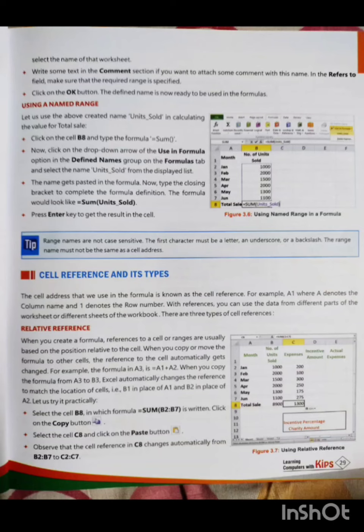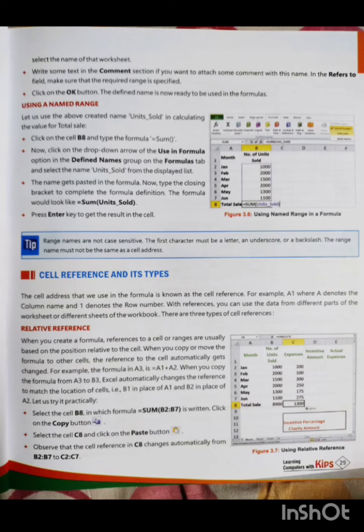First we have to know what a cell reference is. The cell address that we use in the formula is known as the cell reference. For example, A1, where A denotes the column name and 1 denotes the row number. With references we can use the data from different parts of the worksheet, or different sheets of the workbook.